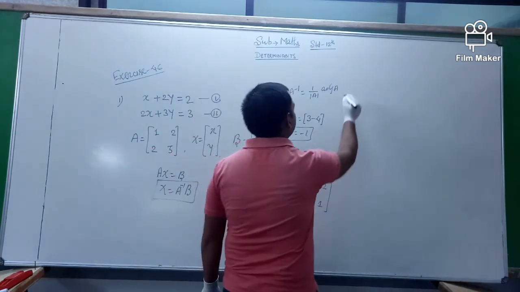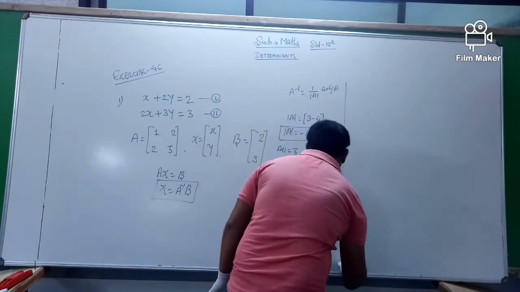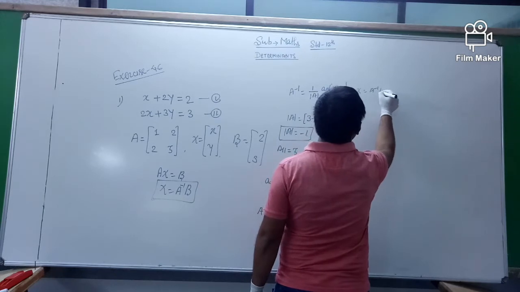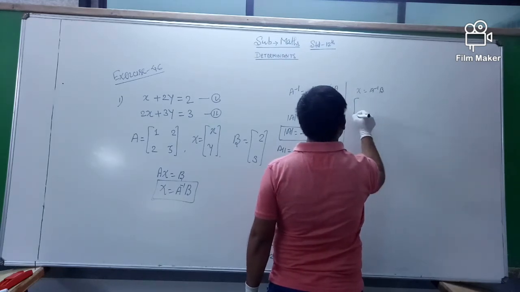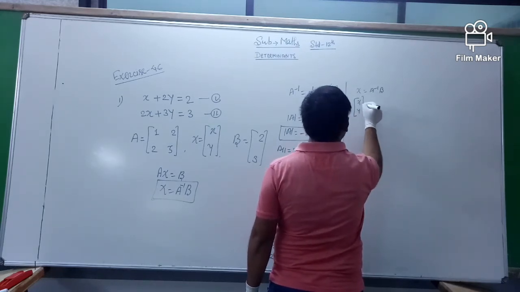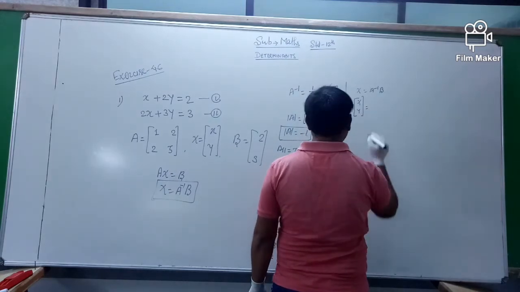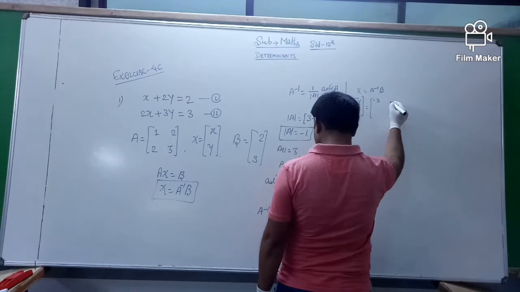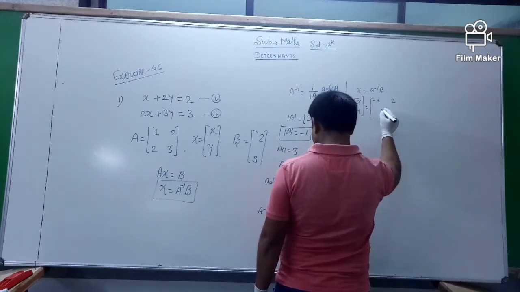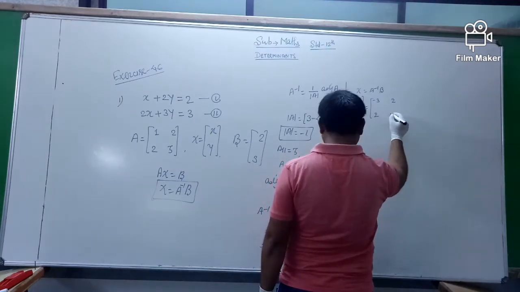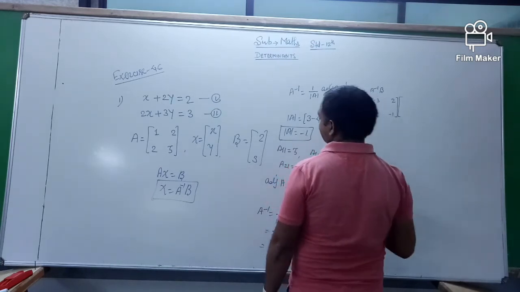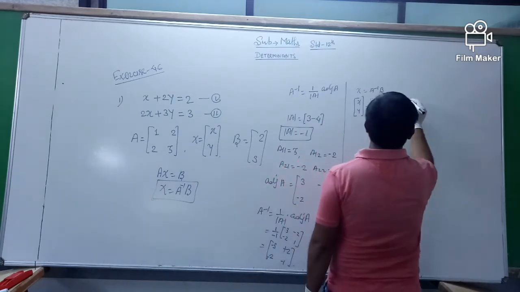So you see, according to the equation X = A inverse B. X means the elements x and y; the value of A inverse is minus 3, plus 2, plus 2 and minus 1, and the elements of B are 2 and 3.